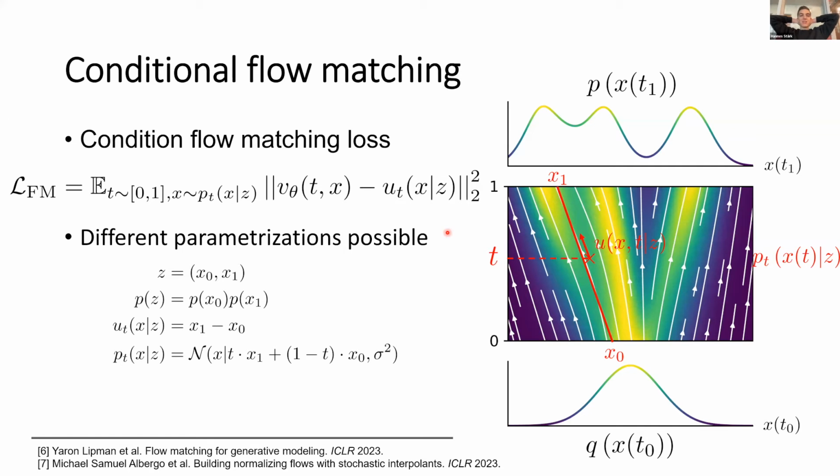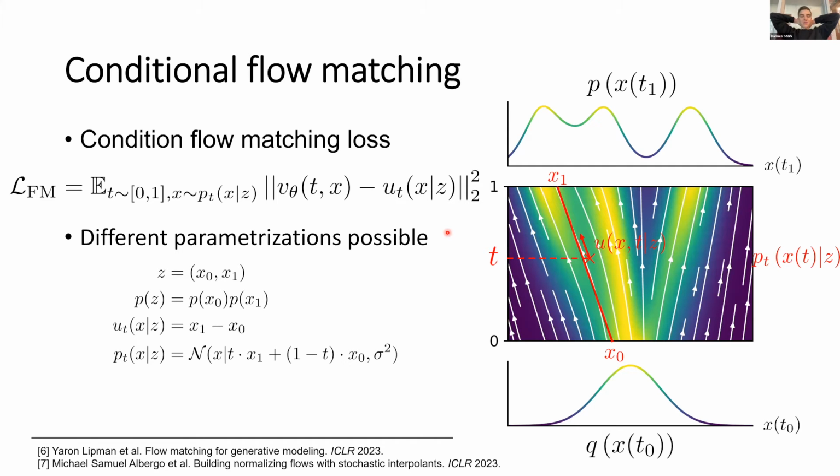You can just use a conditional vector field, like this u_t(x given z). And this is actually something we can build. And we can just take samples from our data and from our prior, have this be the set, and then regress against that. And then we actually do end up with the same as if we were to regress against u_t(x) exactly.